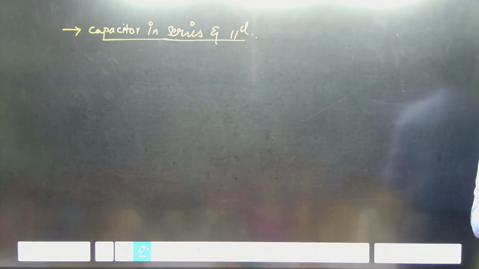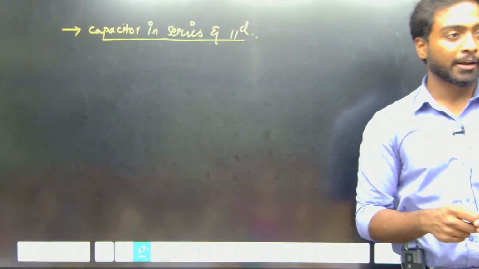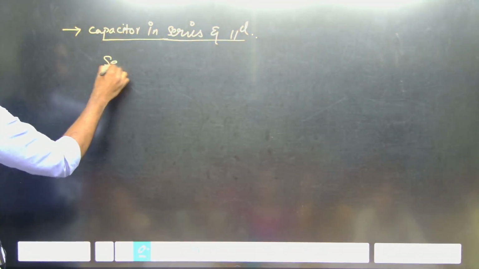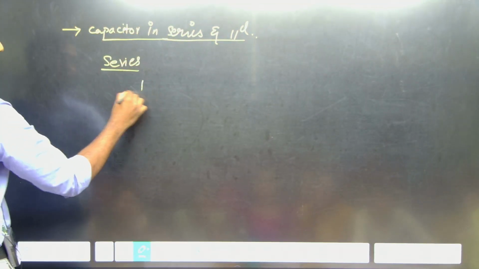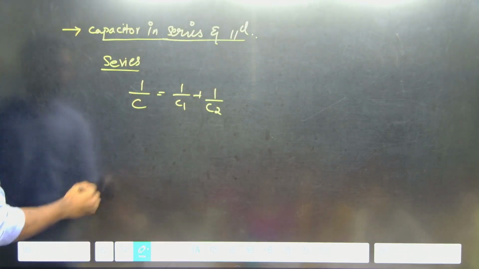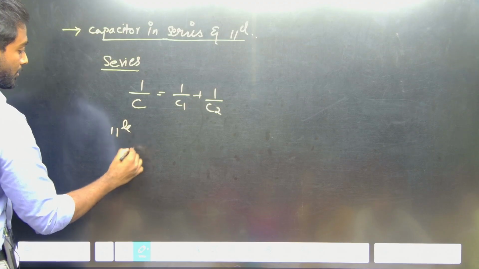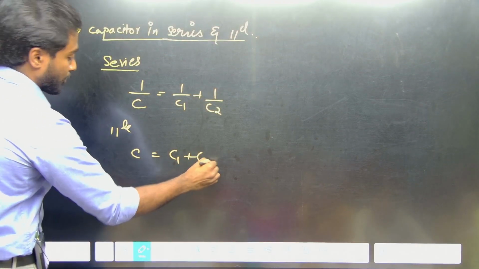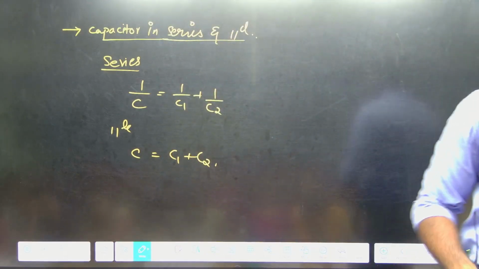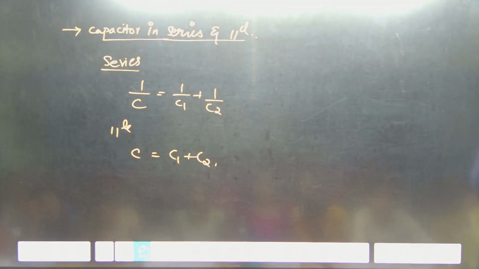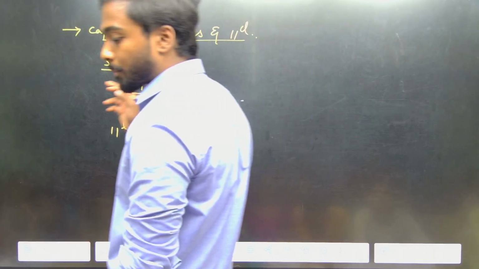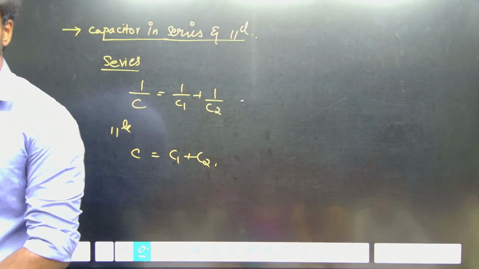For parallel, 1 by R1 plus 1 by R2 plus up to 1 by Rn. For capacitors it is quite opposite. For series, 1 by C equals 1 by C1 plus 1 by C2. For parallel, C equals C1 plus C2. For n capacitors the formula keeps on going, C1, C2, C3 up to Cn, and 1 by C1 plus 1 by C2 plus up to 1 by Cn.